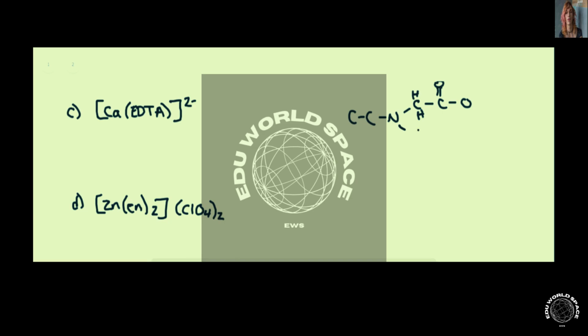And then it's a mirror image, so we've got another CH2, H, H, C, O, O, and then it's a mirror on this side, CH2, C, O, O, double bond, C, H, H, C, O, O, many lone pairs.